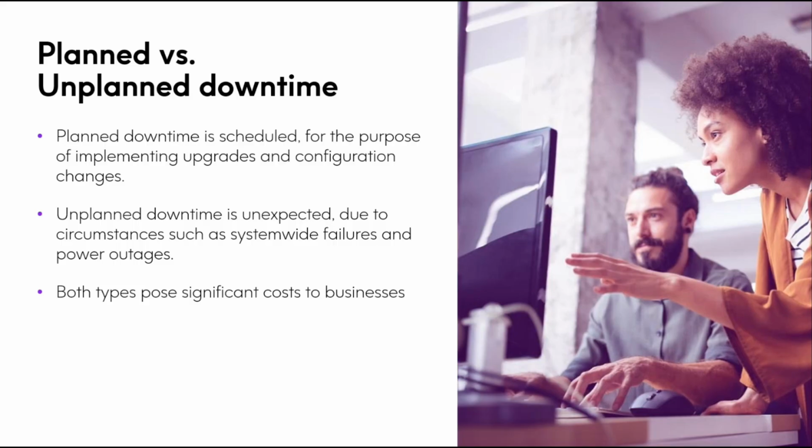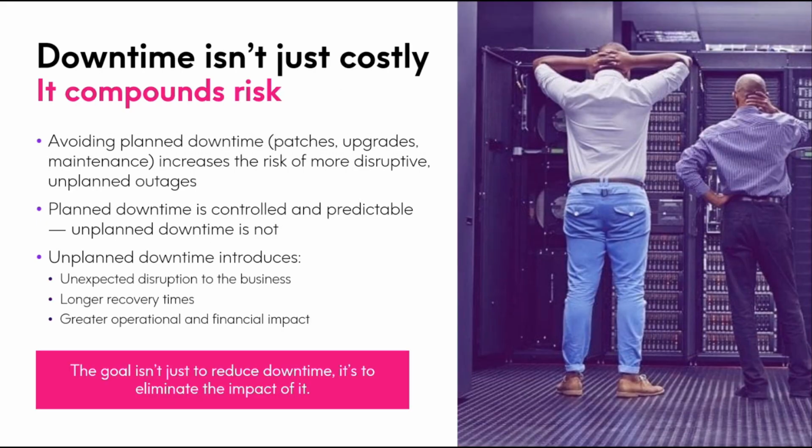And while these two types of downtime are obviously different, they create the same basic problem for businesses. Systems aren't available, people can't work, and revenue, operations, customer experience, all of this starts taking a hit. The most important point here is that just because downtime is planned doesn't mean it's fully harmless. It may be expected, but it's still disruptive. And in many organizations, it's still treated as unavoidable.